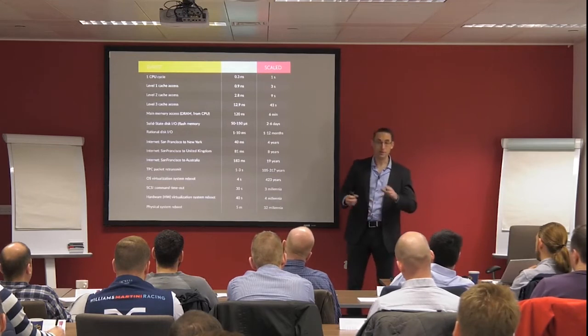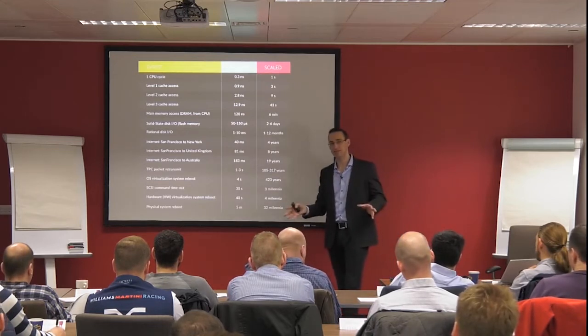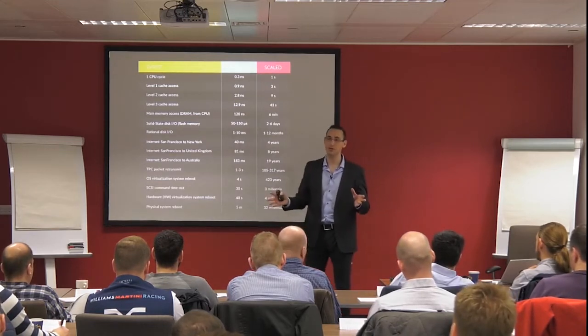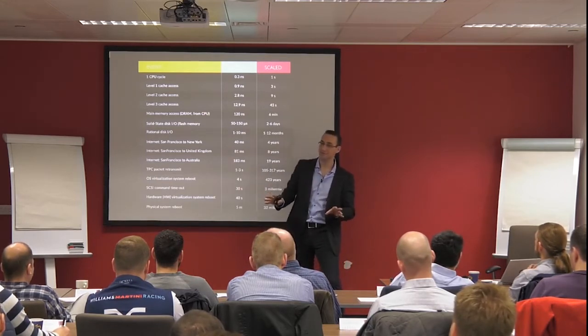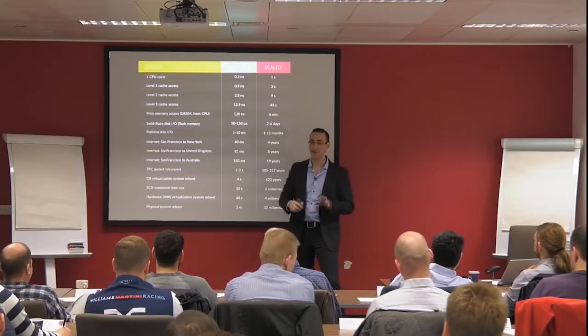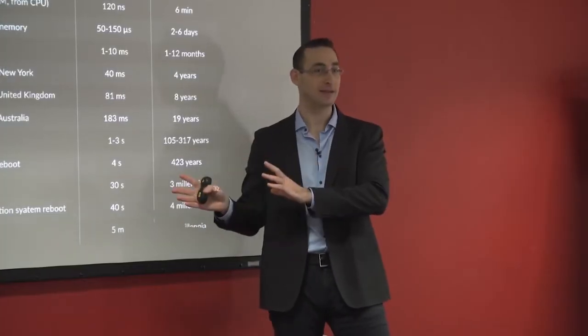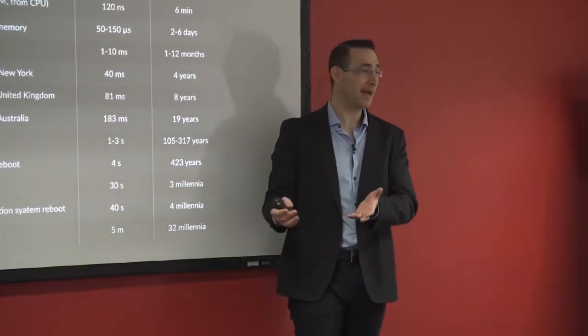So for those of you who might have been wondering before this class started what I think about microservices and making lots and lots of remote calls, there's your hint. All right? Lots and lots of remote calls are bad. They've pretty much always been bad.